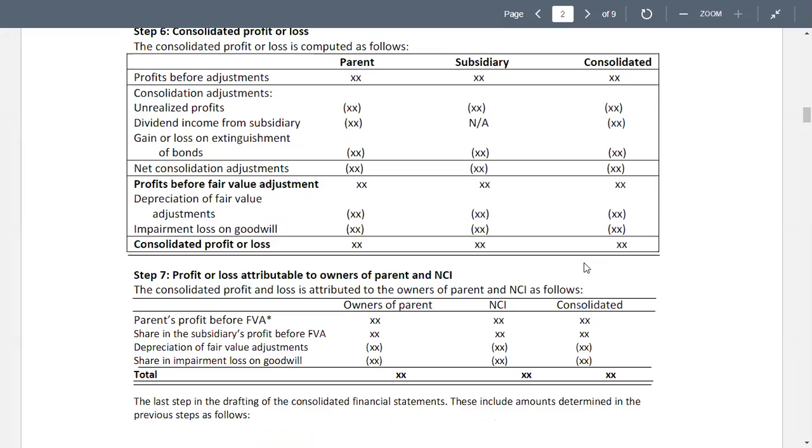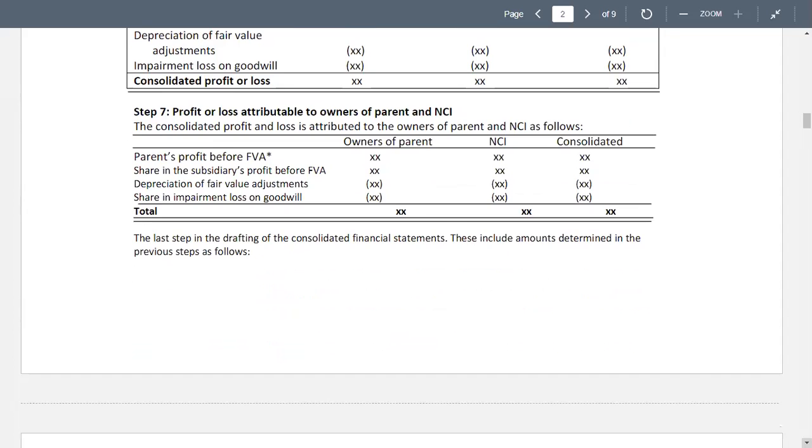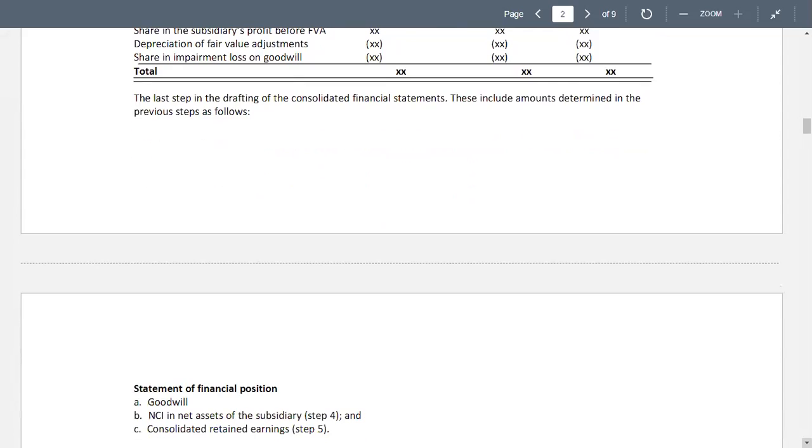Now the last step in the drafting of the consolidated financial statements includes amounts determined in the previous steps.